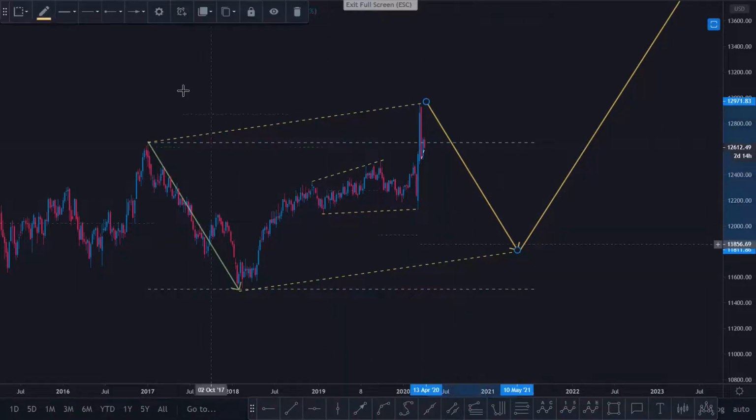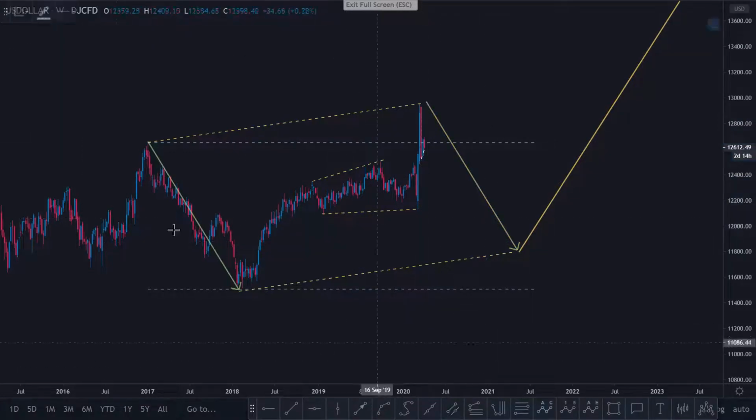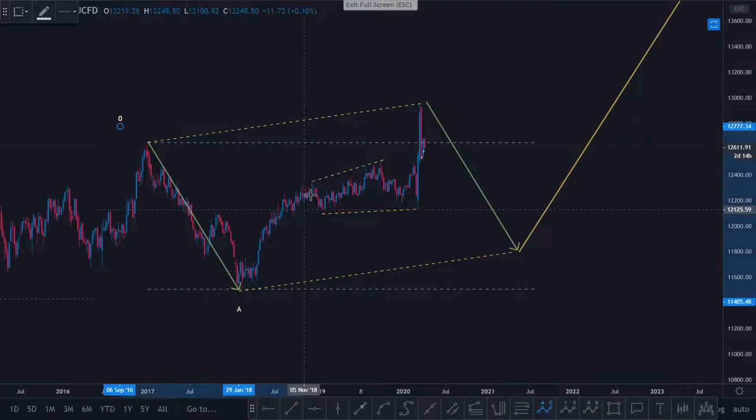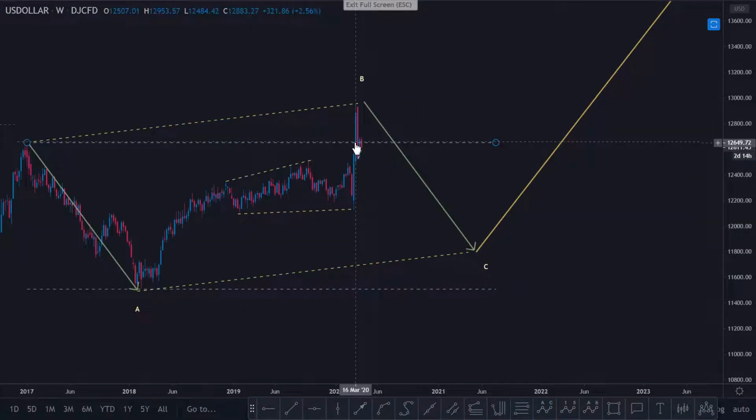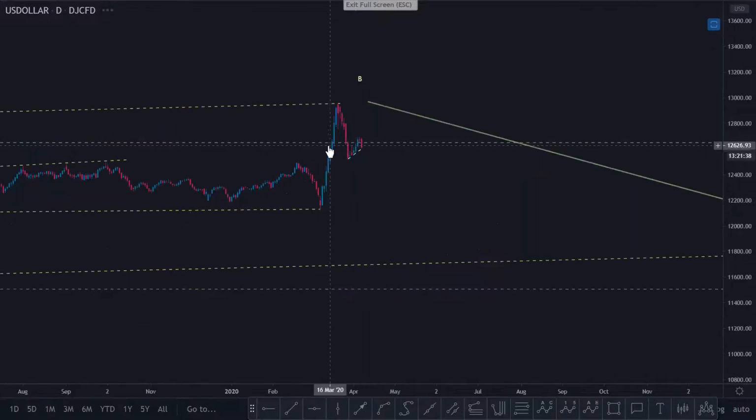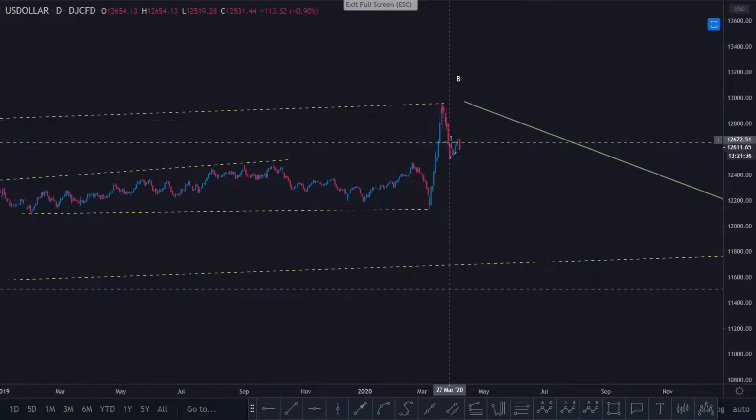This is an index of the dollar, and this is what we're looking at. We have a big corrective price action, we have an impulse, we have a correction, we have an impulse to the upside. We're expecting a C wave to the downside. By the looks of things, we've already got it.